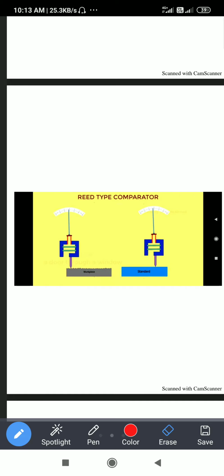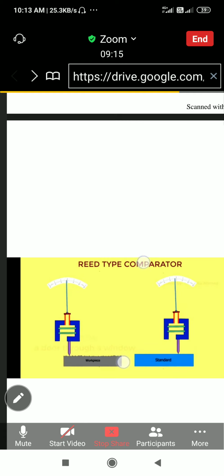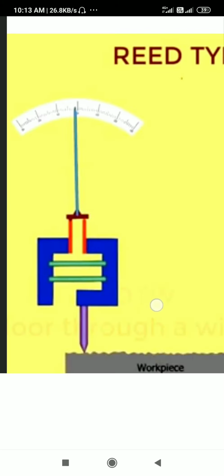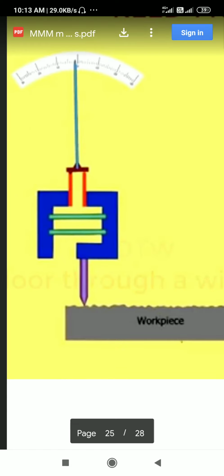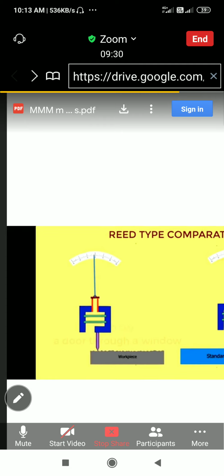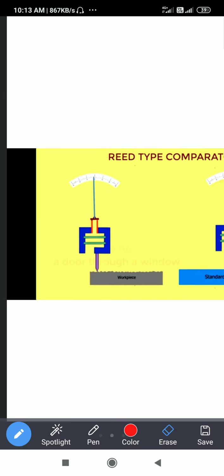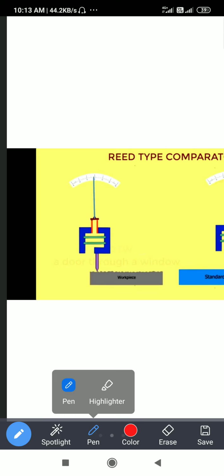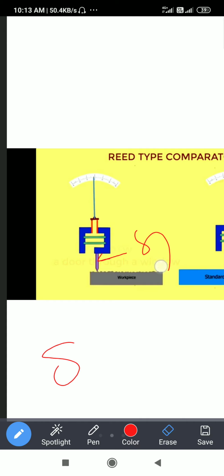Now let us see how the comparator works. In this you can see the construction. You can call this a spindle, or a plunger.